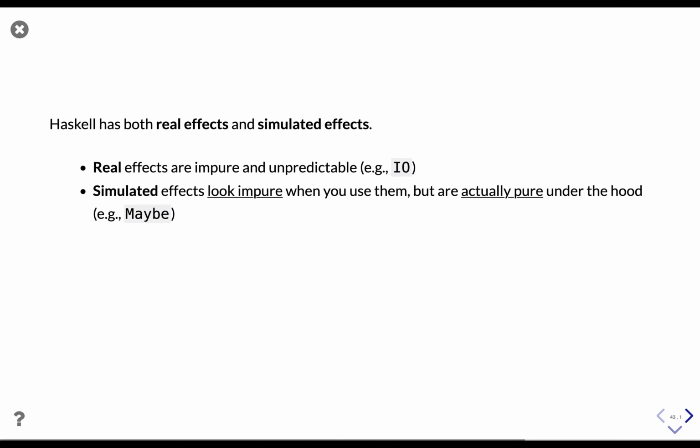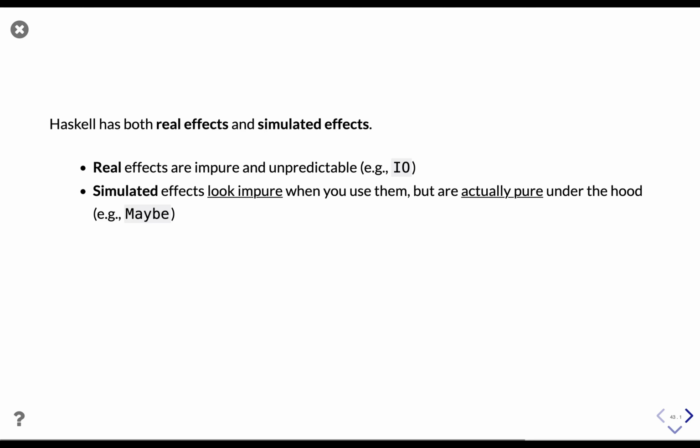Haskell has both real effects and simulated effects. Real effects are impure and unpredictable. For example, I/O effects. Simulated effects look impure when you use them, but actually they are pure under the hood.